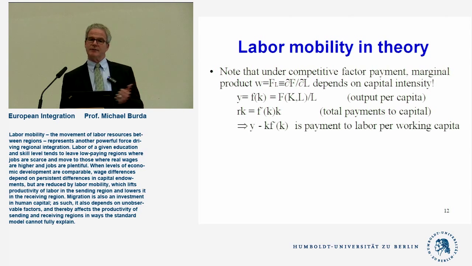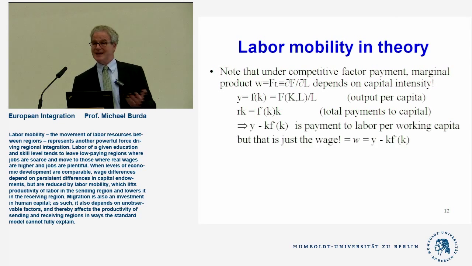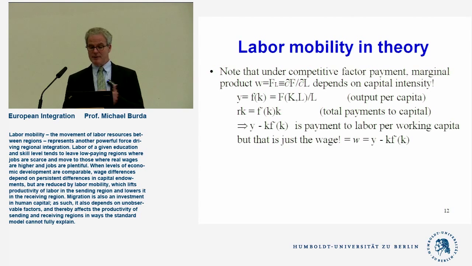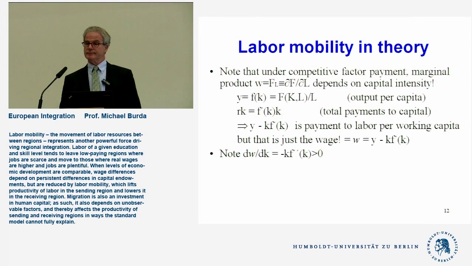So all we have to do is differentiate that with respect to little k to see what happens to the wage. Because that is the wage. It's payment per worker in this setup. So take that derivative. Do that. Maybe do it in the section. If you take that derivative, there are 3 terms, and 2 of them cancel.